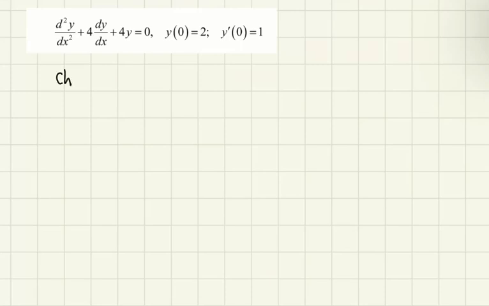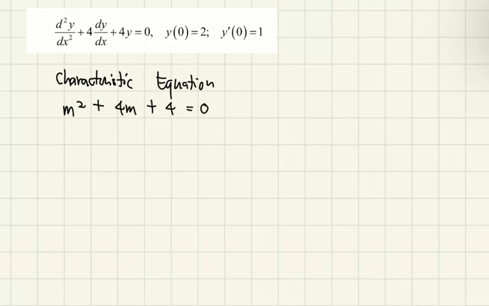So transform into the characteristic equation. We have m squared plus 4m plus 4 equals 0. Then by using a calculator, or you can factorize this one, so you have m plus 2 times m plus 2 equals 0. So we have m equal to minus 2.